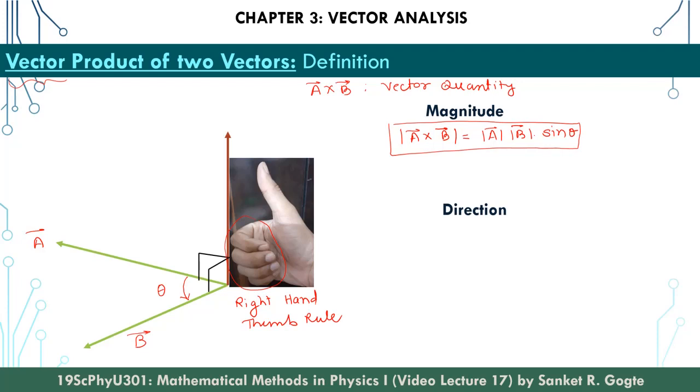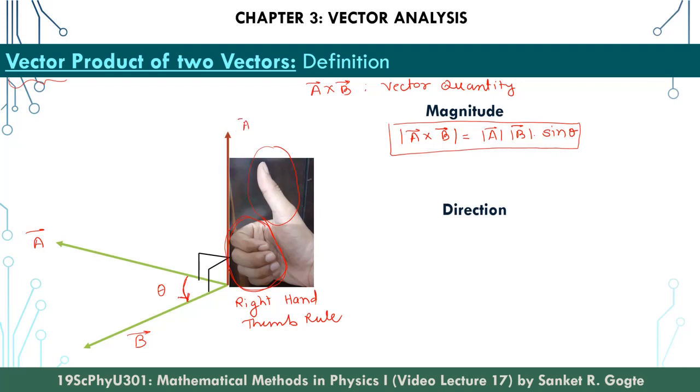So here in this case we have to rotate in this direction, and that's why the fingers are denoting the rotation from vector A to vector B along an angle which is less than 180 degrees, and then the thumb gives the direction of the cross product, which is perpendicular to the plane which contains vector A and vector B. So in this case, this red vector denotes the cross product of two vectors.